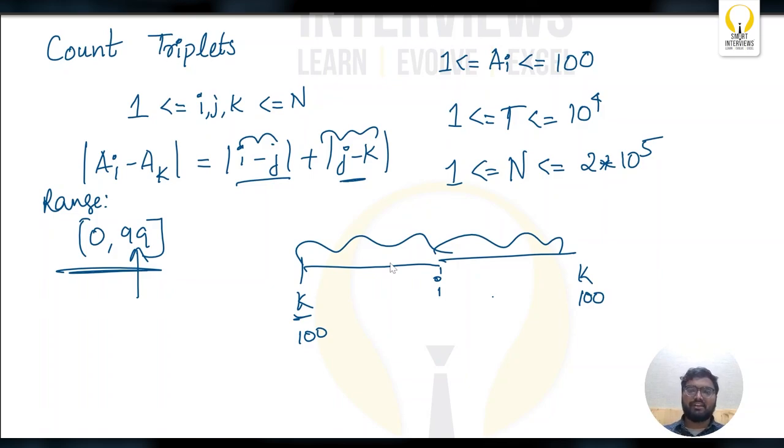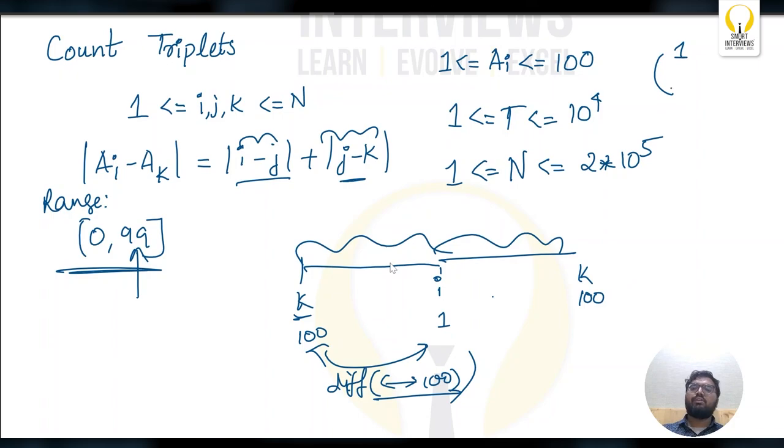That is the reason we can optimize this code. We don't need to traverse all the indices. If there is one index here, it will only go around 100 steps, with an index difference of something like 100. We will not traverse all the possible cases.